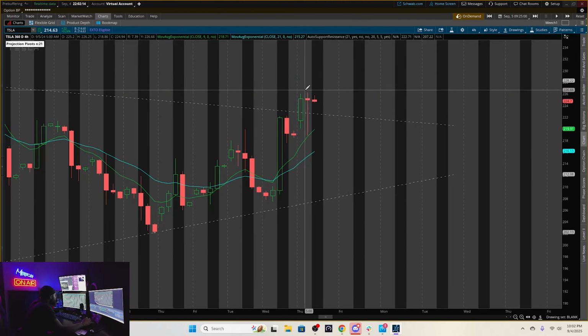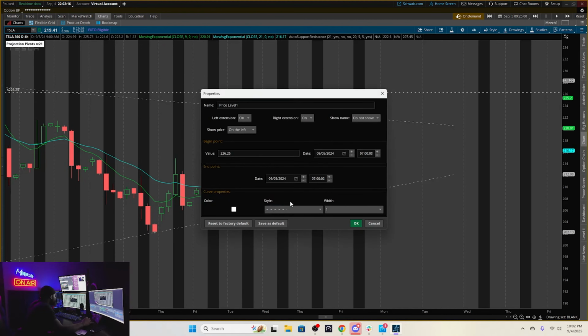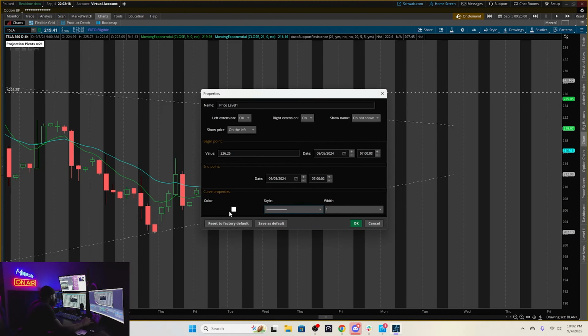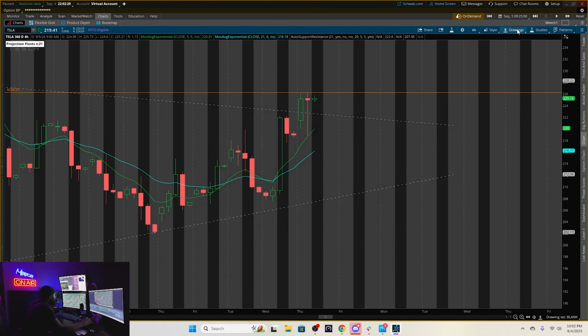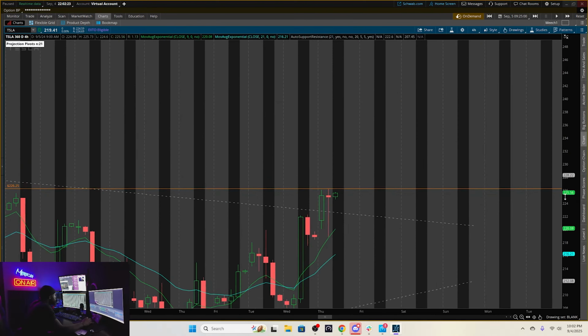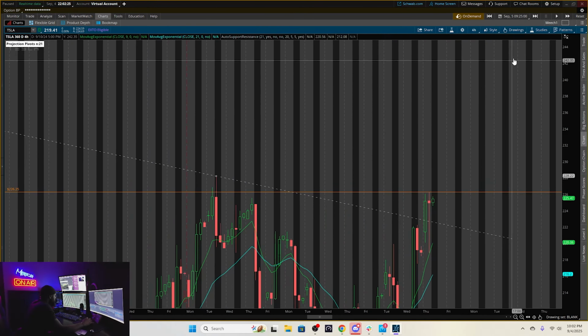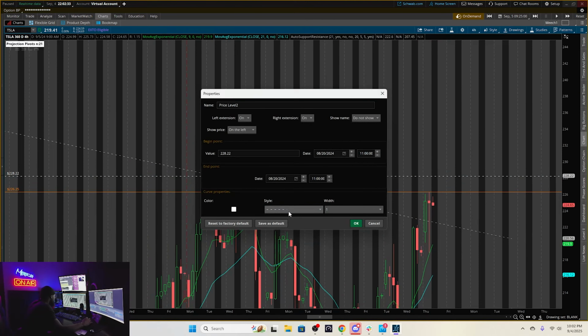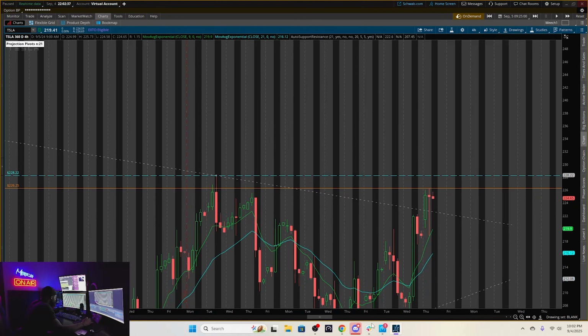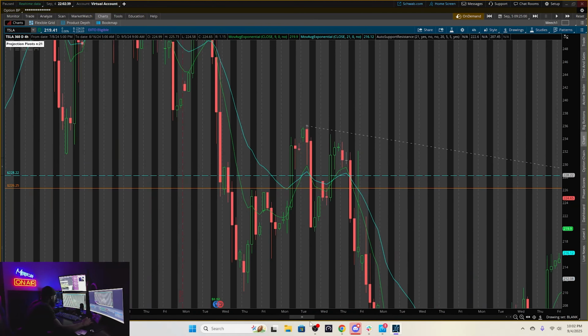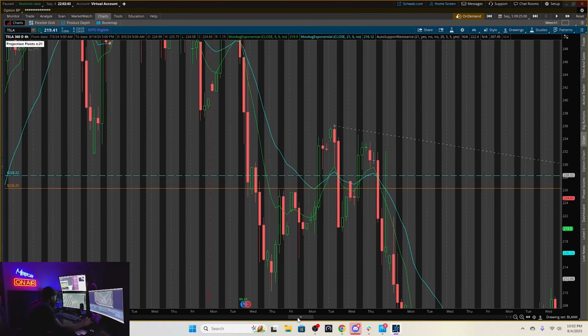Looking at this pre-market level. What's this? 228.22. First local resistance, 228.22. Damn, there's barely anything over here.